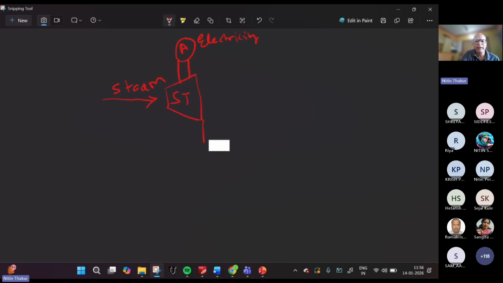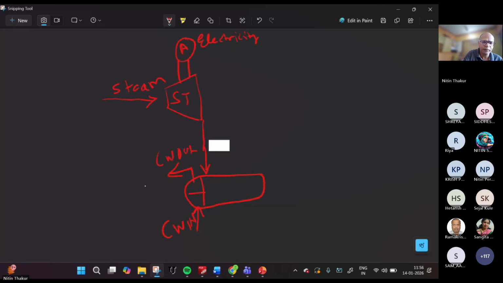And whatever is the remaining steam, or what we were referring to as the waste heat, goes through this condenser. There will be cooling water coming in, cooling water going out, and this will be going out in the cooling tower. And based on that, the cooling water will go out.